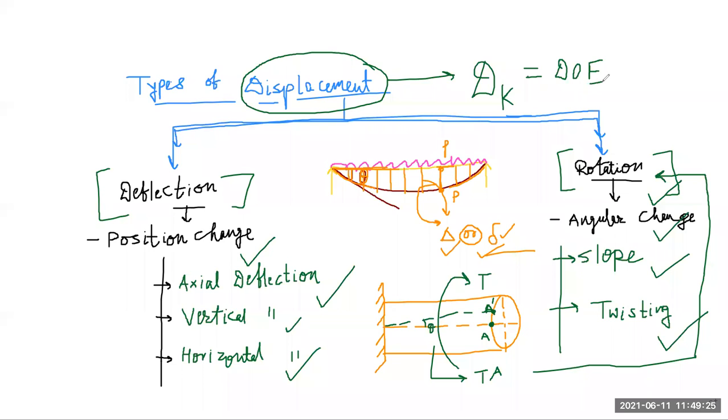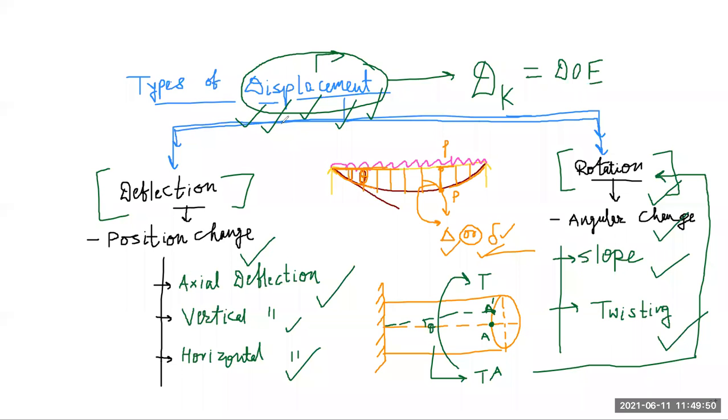So basically degree of freedom is the number of independent displacement components at a particular joint or a particular support. This is also defined as the number of unknown joint deformations or displacements. So basically we have to count the number of displacements.